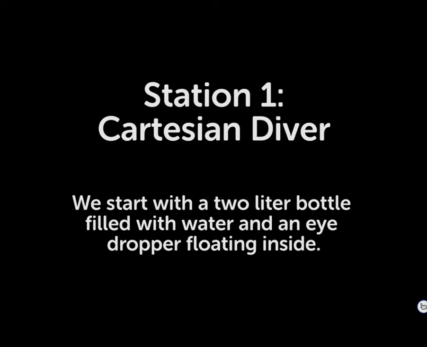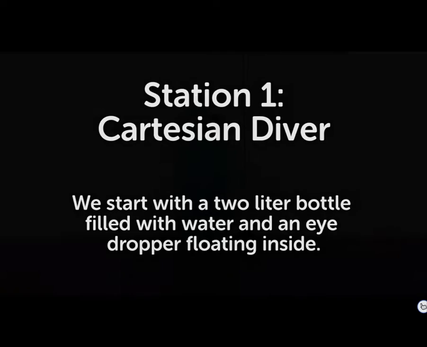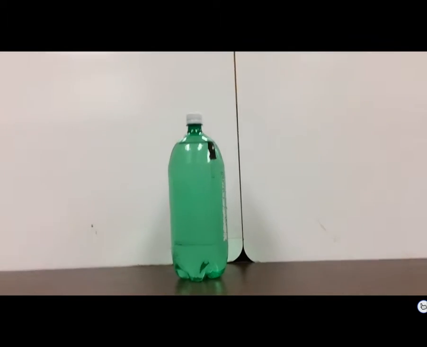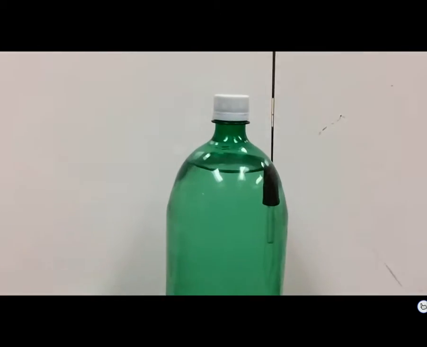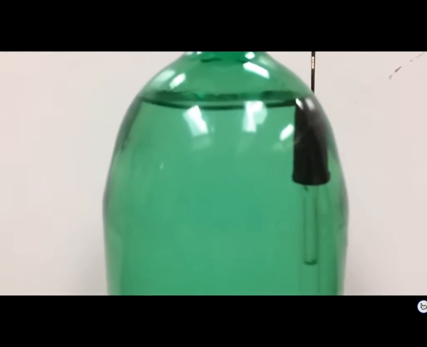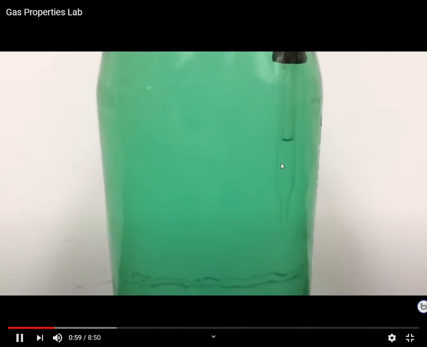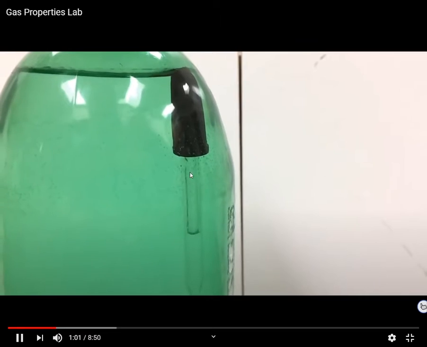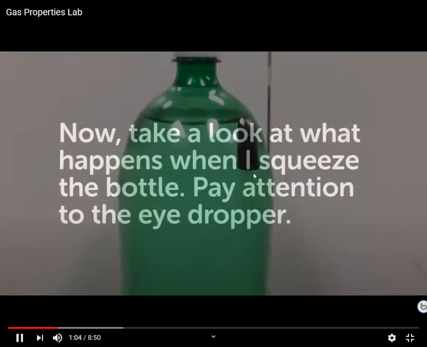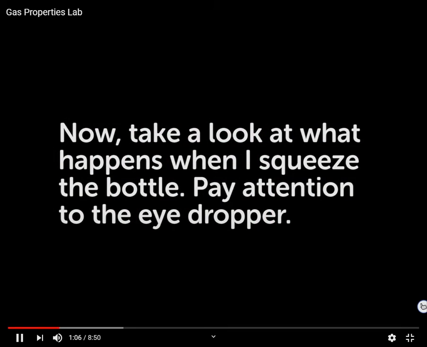It's the first thing that you will write down what you think is happening. And I want you to really notice, look at the air that's from here up. There's air in that dropper.